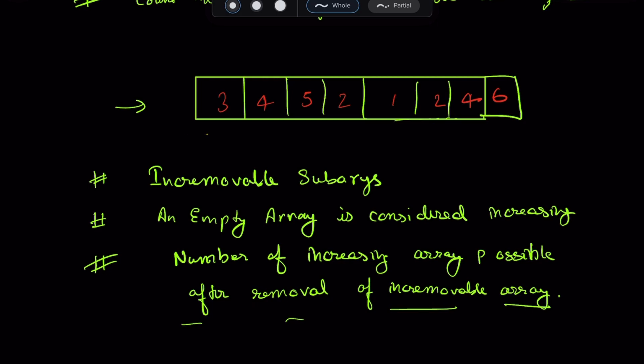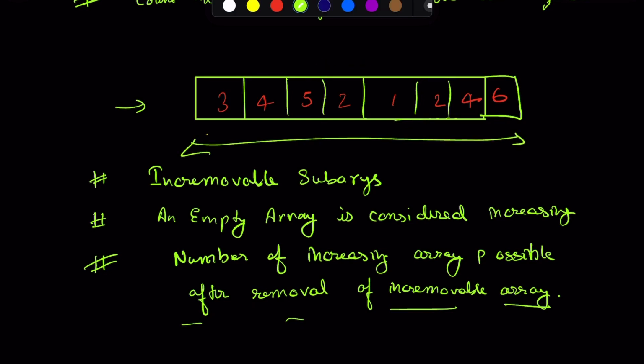We can also try to remove from the middle. These are the only 3 possibilities, because subarrays are contiguous and you have to keep them together. So we can only remove from the left end, right end, or in the middle. One more possibility is when you try to remove all of the array, and it is given in the question that an empty array is also considered increasing. So that is also a case we have to keep in mind.